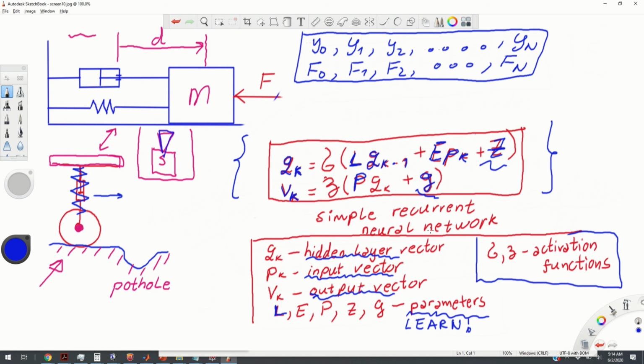We will learn GRU and long short-term memory networks, as you will see later.